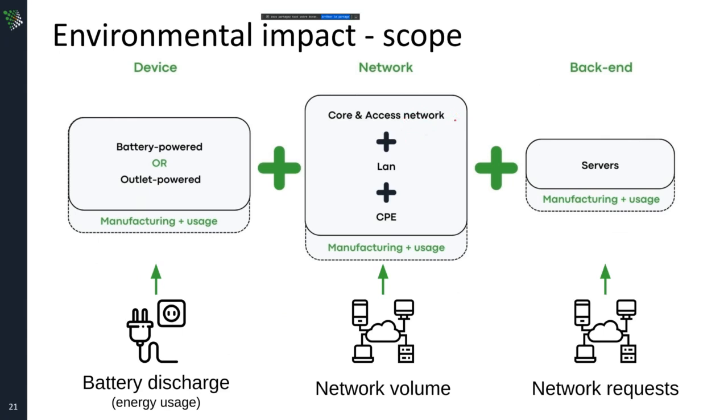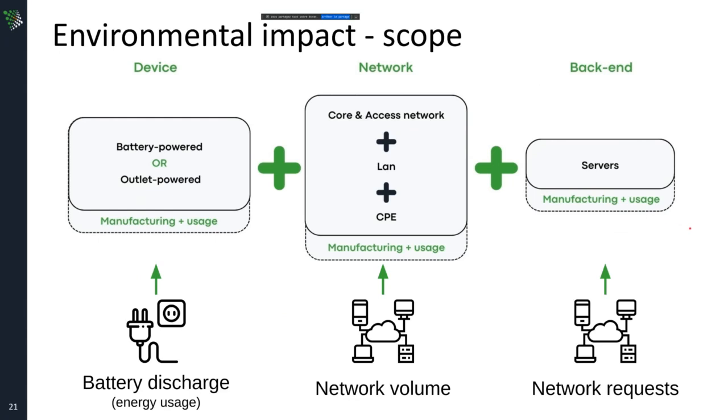And regarding the servers, our model is weaker because it's a black box, so we don't have much data regarding the infrastructure of the user. We use some scaling factor regarding the complexity of the infrastructures, which allows us to estimate an impact over the lifetime of the hardware and the number of requests that is sent to the backend.